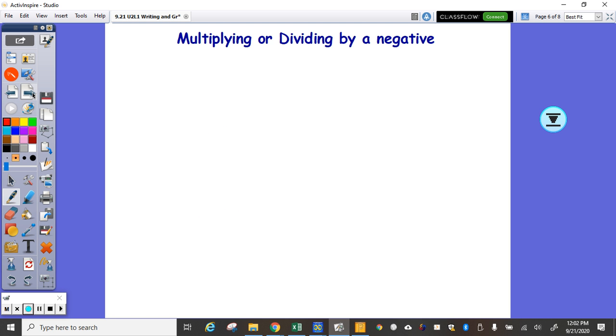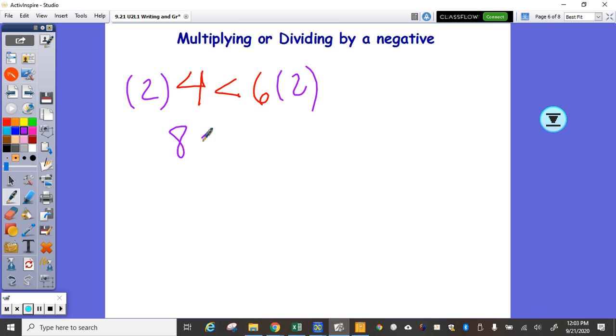So, do we agree this is true? That's true. And whatever we do on one side of the inequality, we do on the other side of the inequality, right? So if I go ahead and multiply this by a 2, is that true?